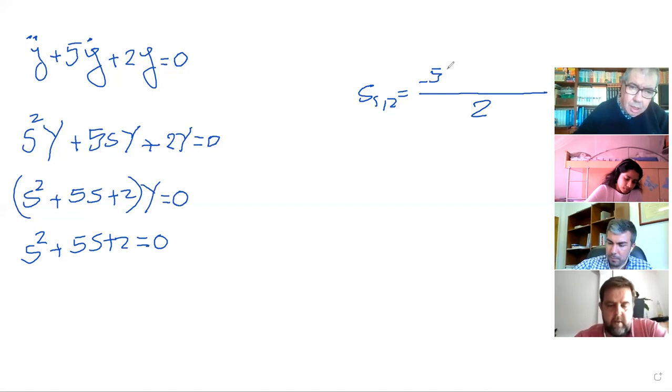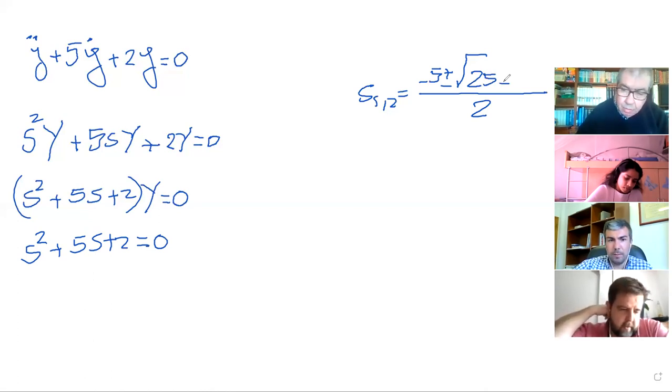Then plus or minus the square root of? b squared, 25, minus 4ac. a is 1, c is 2, so minus 8.